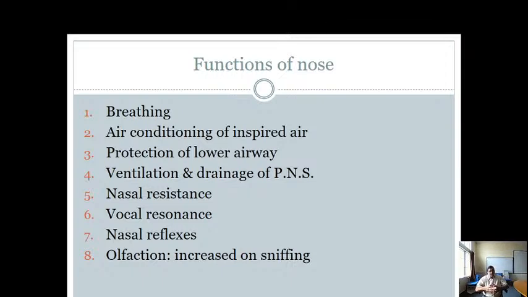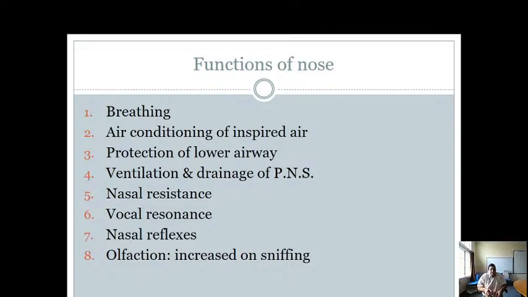It is only a passage for the air from the atmosphere going into the nasal cavity, and then further down into the nasopharynx, and then into the larynx, and then into the lungs. And from the lungs, the air is expelled out through the nasal cavity. So the breathing consists of two components. One is the inspiration, the other one is the expiration.